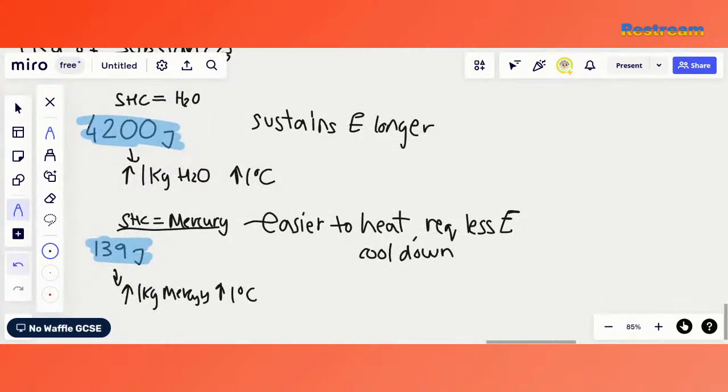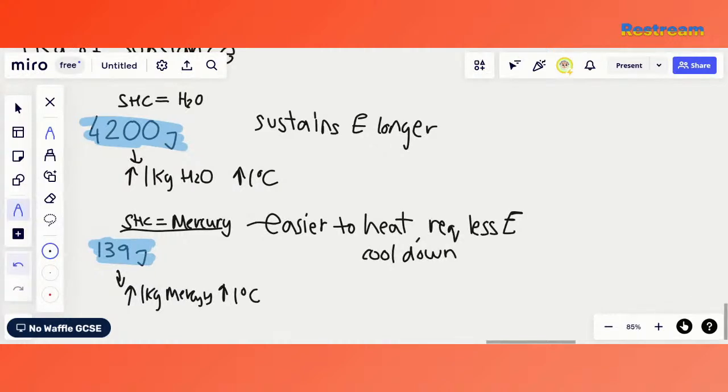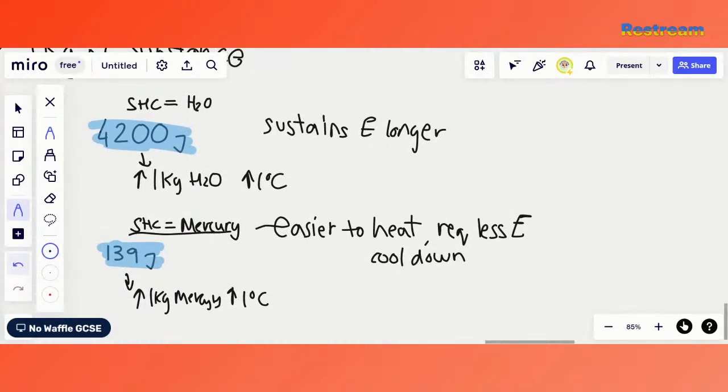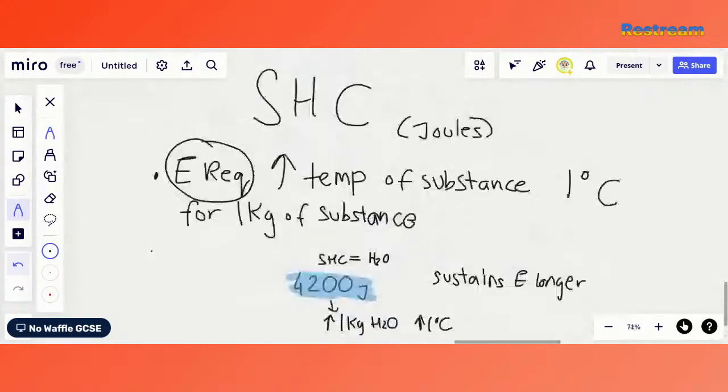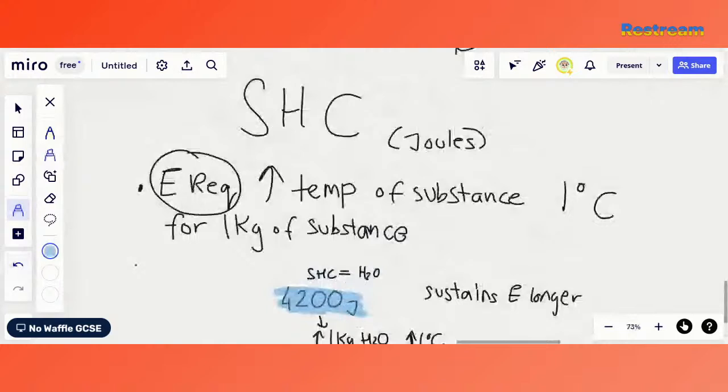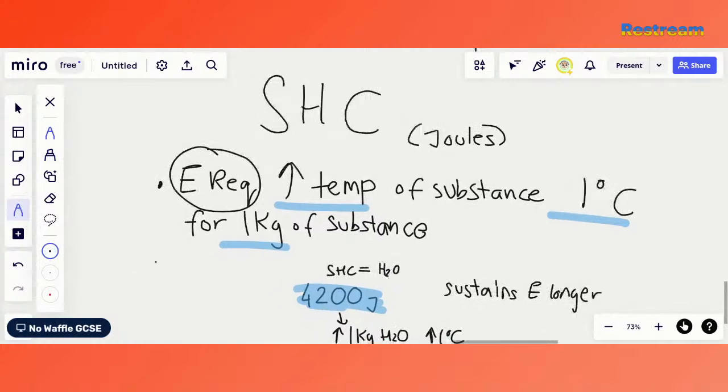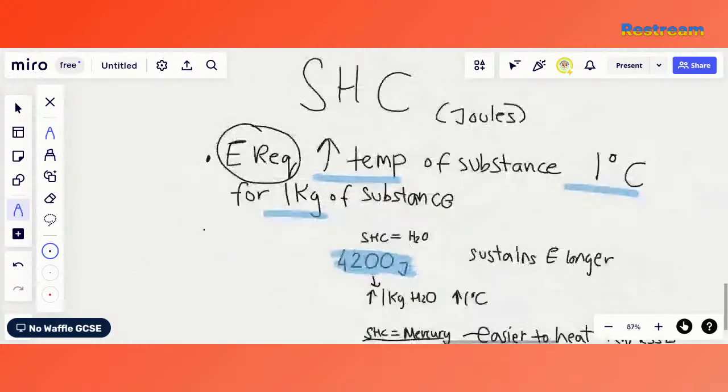Now, you can actually investigate the specific heat capacity because there's an equation. And the equation luckily involves all of the things we talk about within the definition. So increase in temperature, 1 degree Celsius, 1 kilogram. So in terms of looking at the equation, specific heat capacity is often written as c, one of the variables.